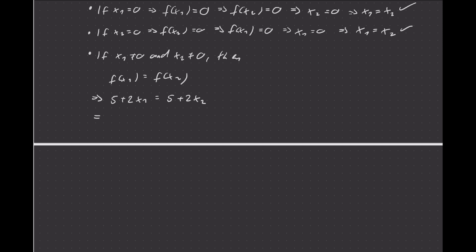Well, that's an equation that we can solve. Let's just subtract 5 on both sides first, and we get 2x1 equals 2x2. And then we can divide by 2. And that yields x1 is equal to x2. And again, that's what we wanted to show. So we have shown that our function is actually injective.